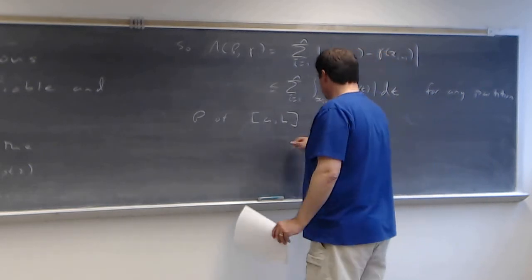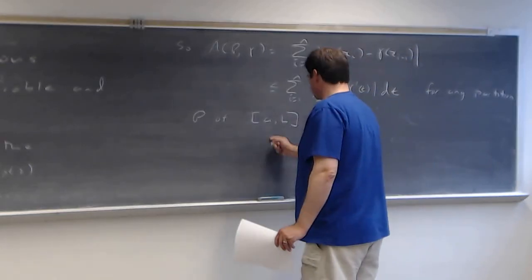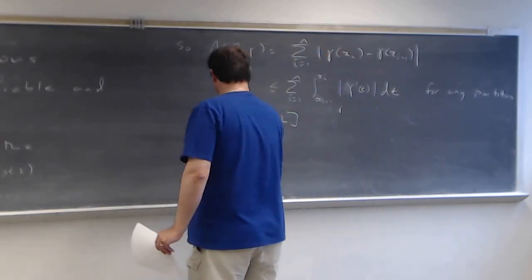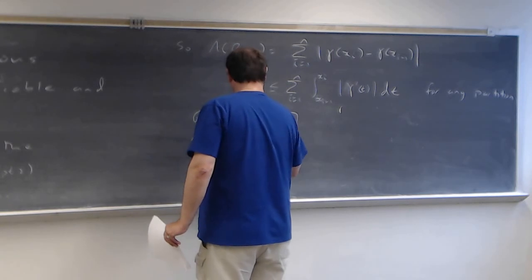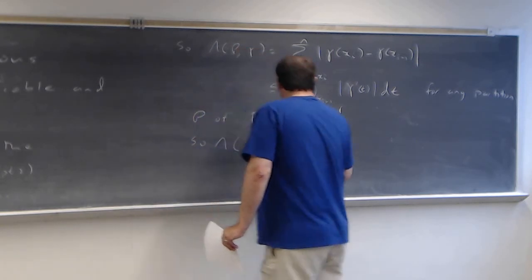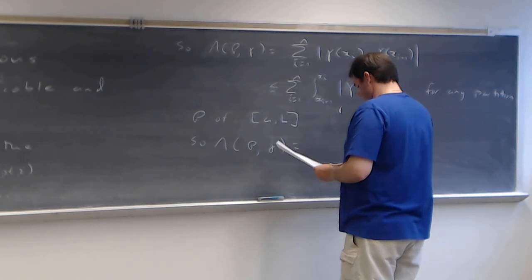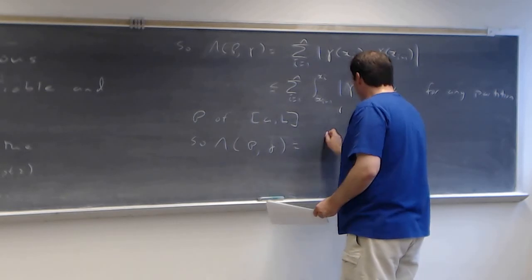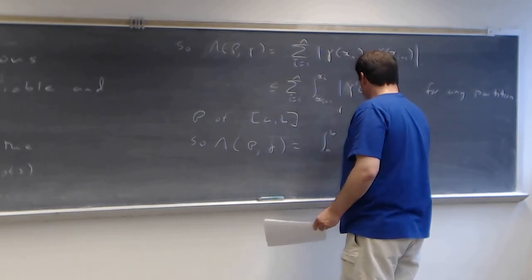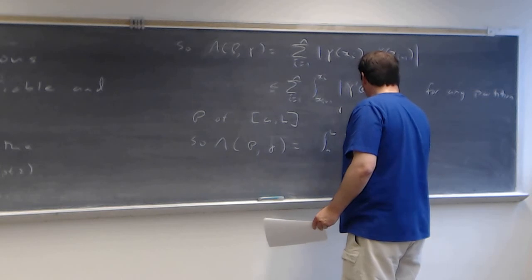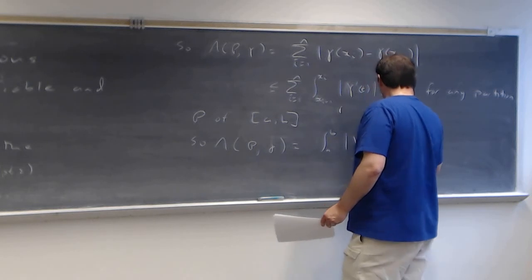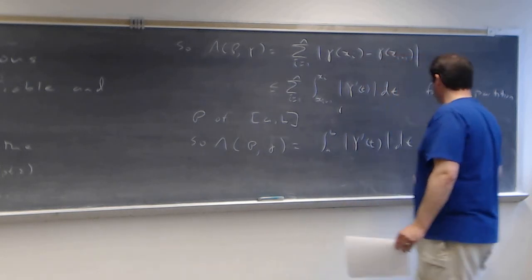Which also equals, or so I'll say, this lambda of P, gamma equals the integral from a to b of the norm of gamma prime of t dt.